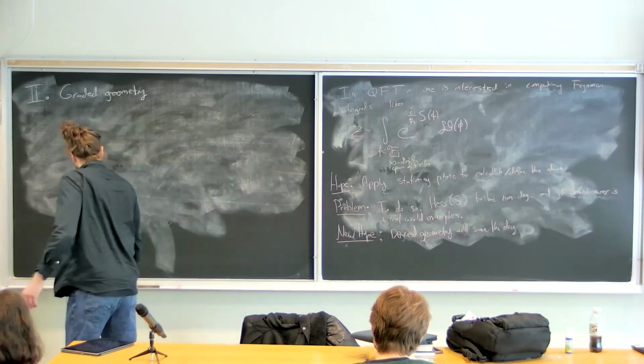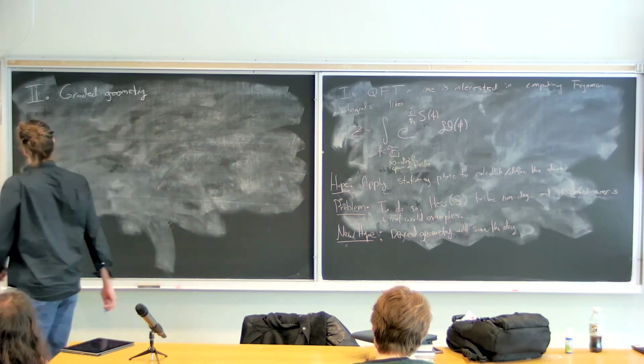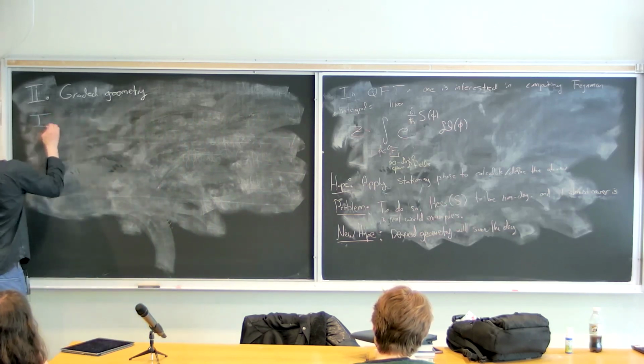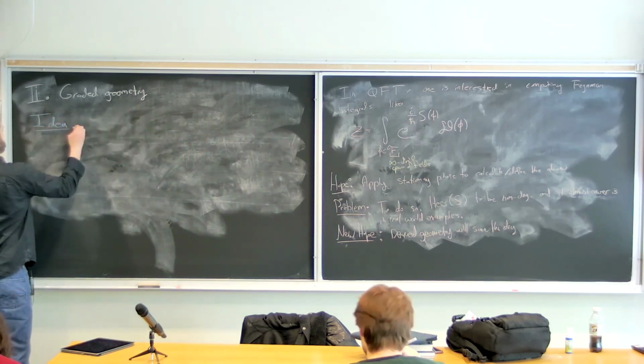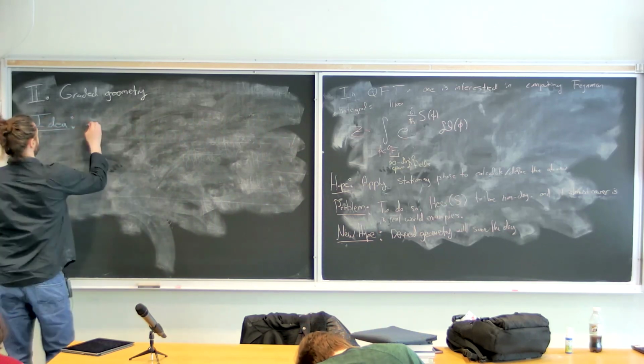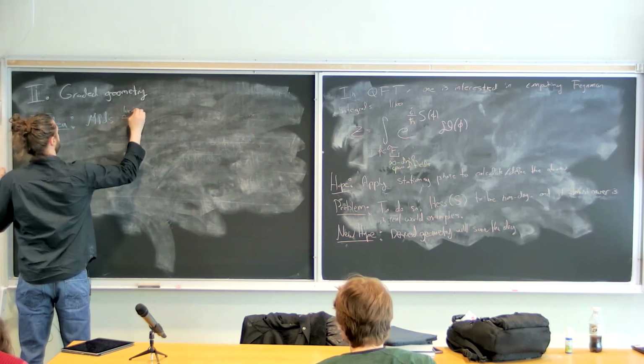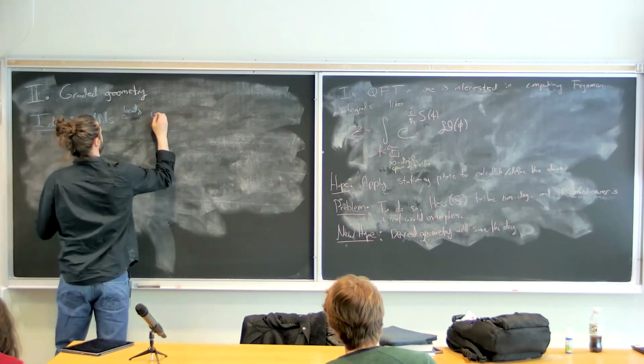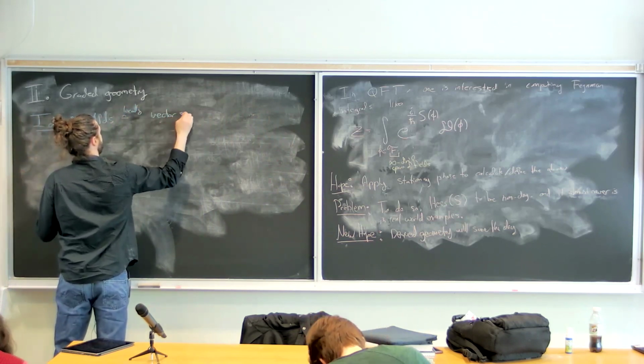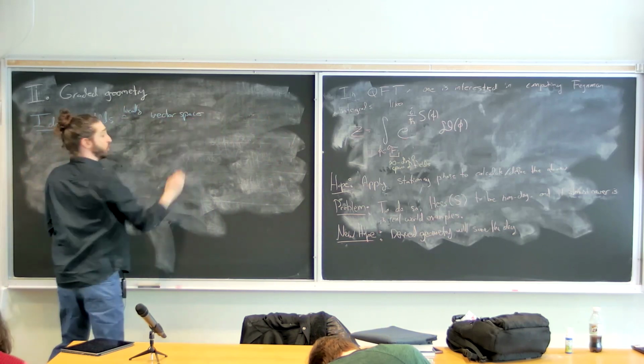So the idea behind graded geometry is the following. Manifolds locally look like vector spaces. They're spaces which are locally linear.